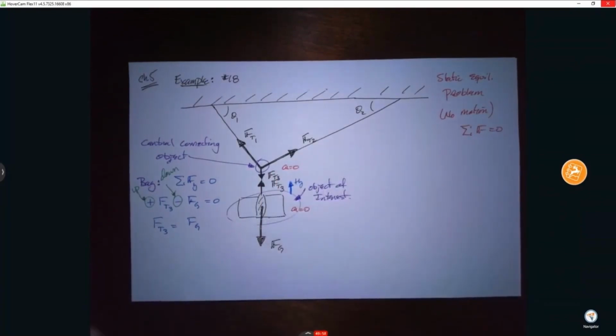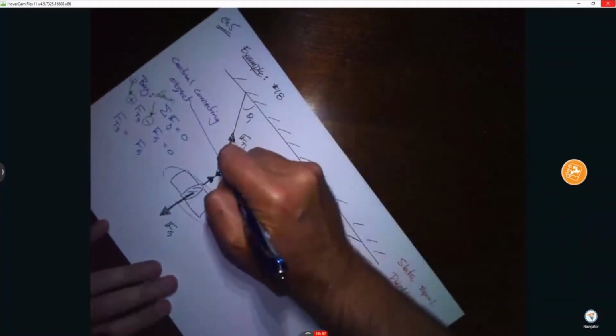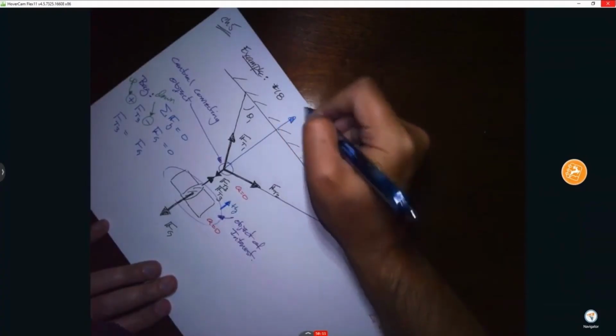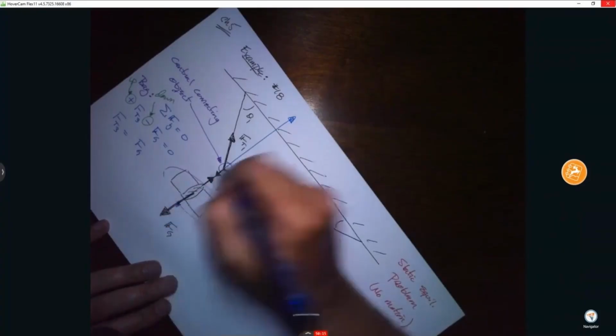And so now what we want to do is pick out a coordinate system in which to find our components for our vectors. So I'm going to put the origin of the coordinate system at the knot. I'm going to say that up is the positive y direction.